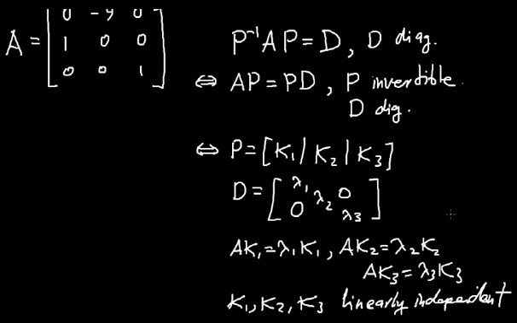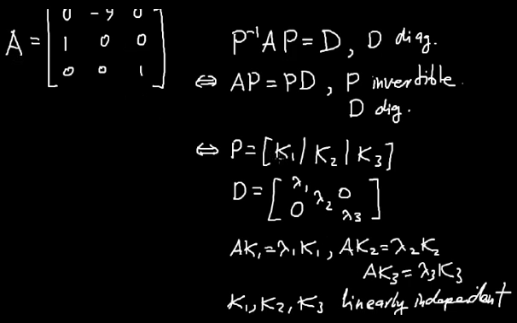Why did we do all the talking here? Because now we know, and we knew this before, that to diagonalize a matrix is the same as to solve the eigenvalue problem. More specifically, for a 3 by 3 matrix, we need to find 3 linearly independent eigenvectors and the corresponding eigenvalues.